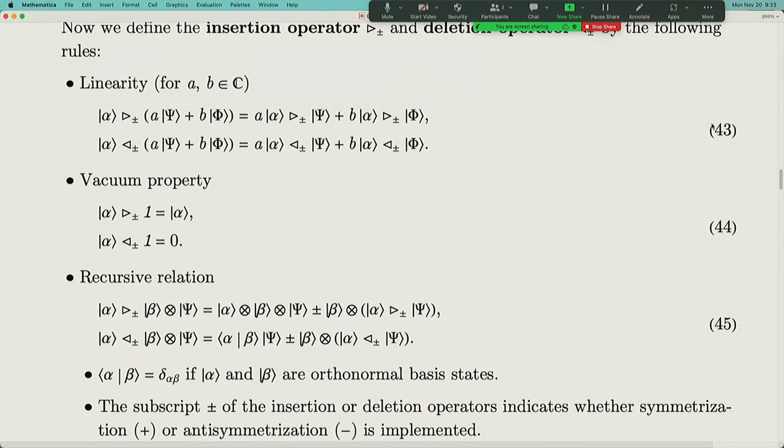First of all, we need to define what happens if you add alpha onto the tensor product identity, because the tensor product identity has the property that a tensor product with any state is the state itself, so it doesn't matter whether you add it from the front or from the back, it's always the same state. So we can define that when you insert alpha state to this identity, 1 actually corresponds to the vacuum state. It's like there's no particle. So this is called the vacuum property.